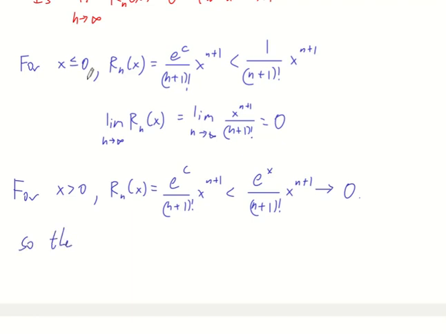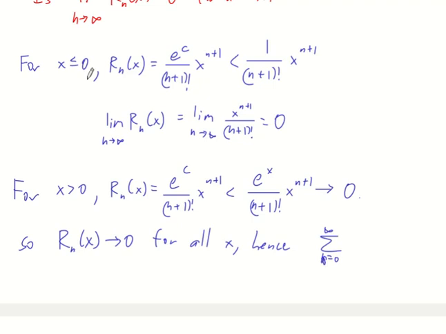so the Rn of x goes to 0 for all x, hence e to the x, or this summation, n equals 0 to infinity.